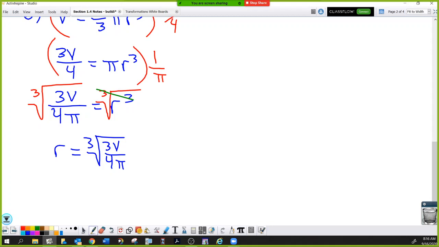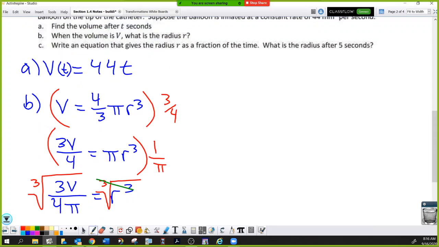Part C says, write an equation that gives the radius as a function of time. So what we're looking for here is r of t. Well, how's that going to happen? There was no time in the volume of a sphere. No, but you know where there was time?